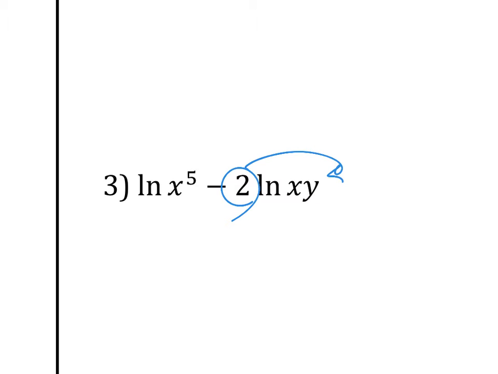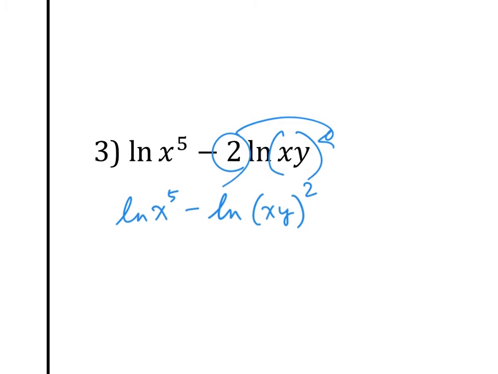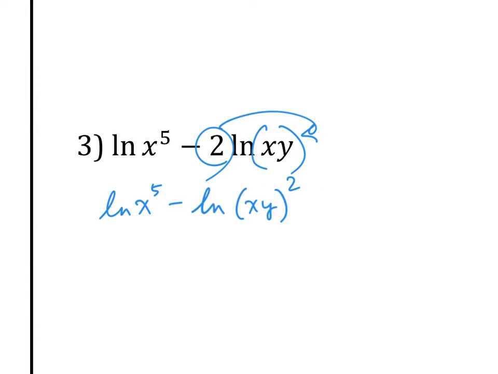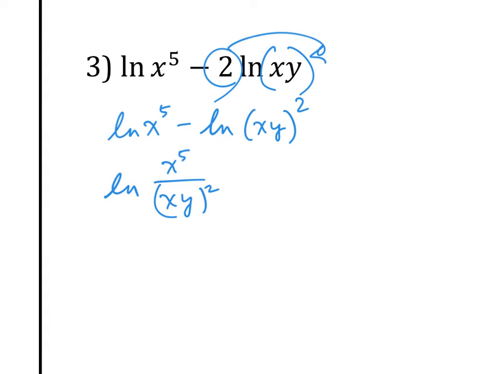So make sure that you always give it to everything that's inside the log. So this becomes natural log x to the 5th minus natural log xy to the 2nd, like that. Minus means divide, so this is natural log x to the 5th divided by xy squared.